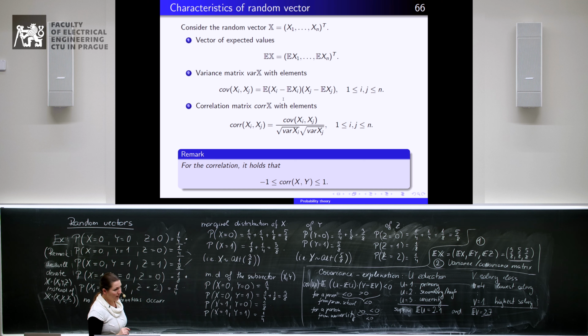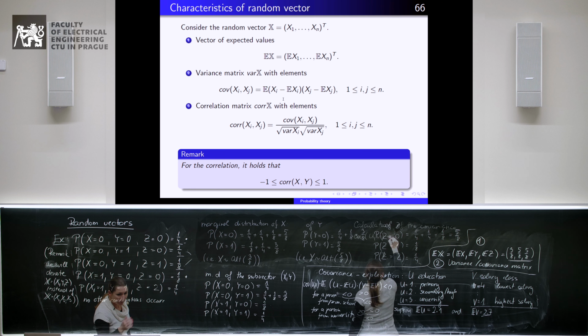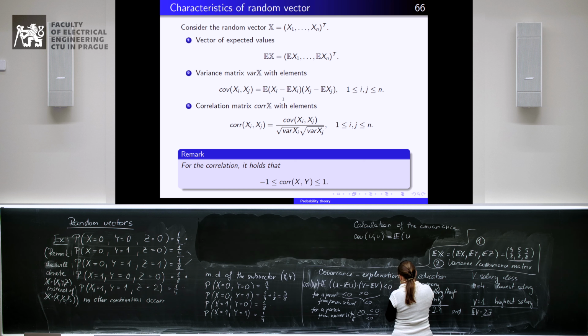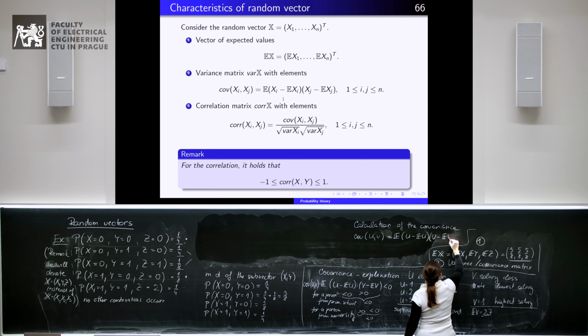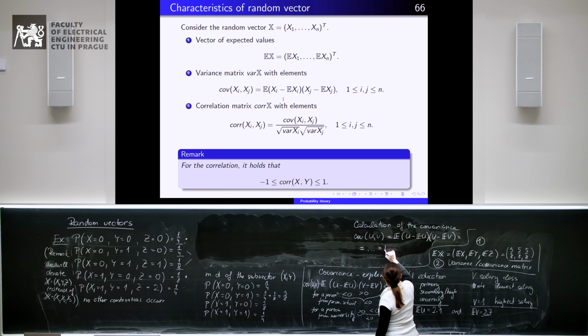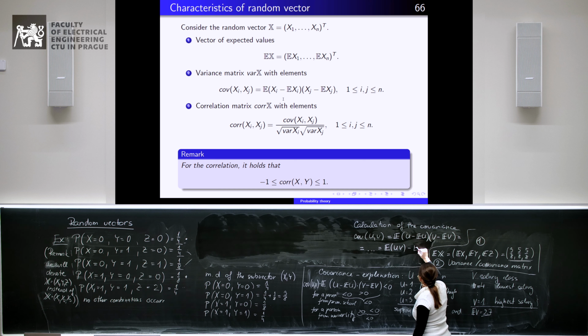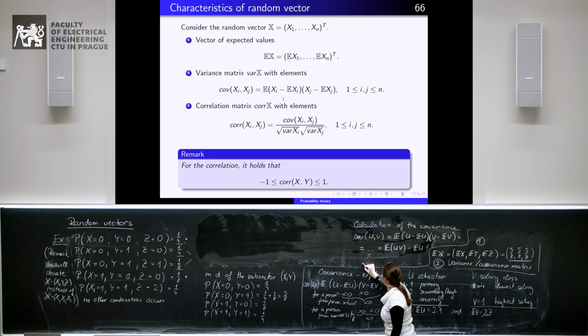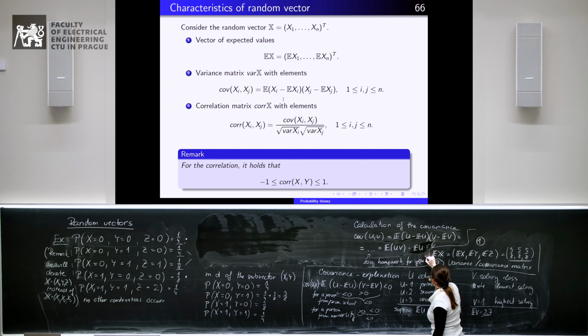Great. So when we want to calculate the covariance, which is defined as the expected value of this product, we can use an easier relation: it is the expected value of the product of U times V minus the product of their expected values. The proof is an easy homework for you.